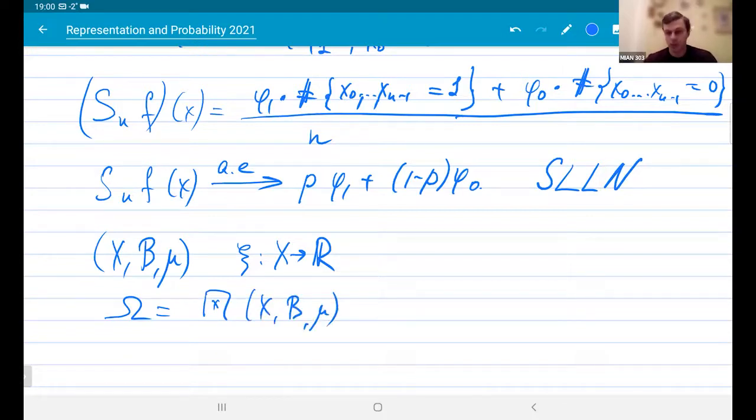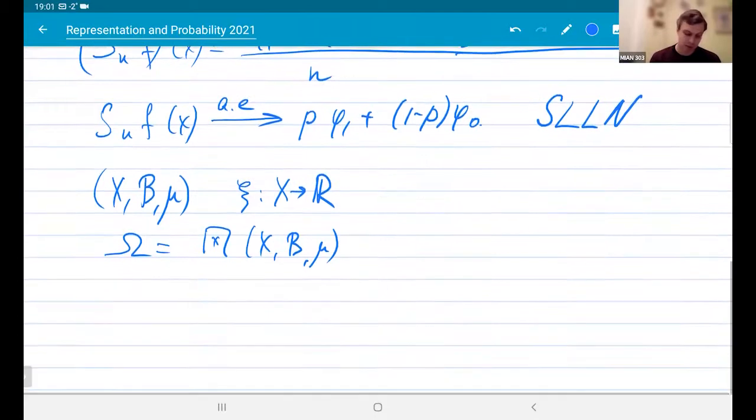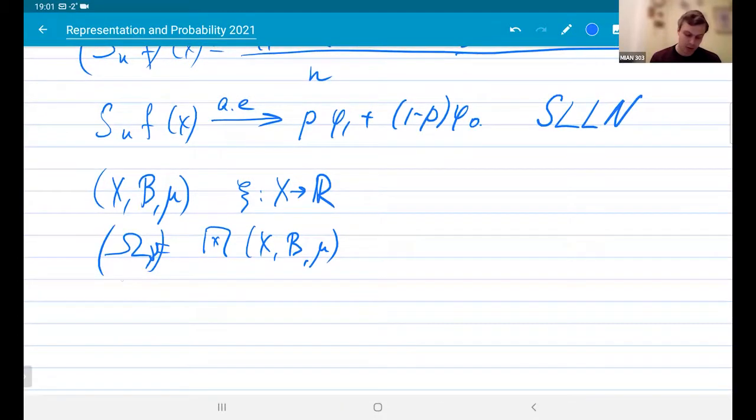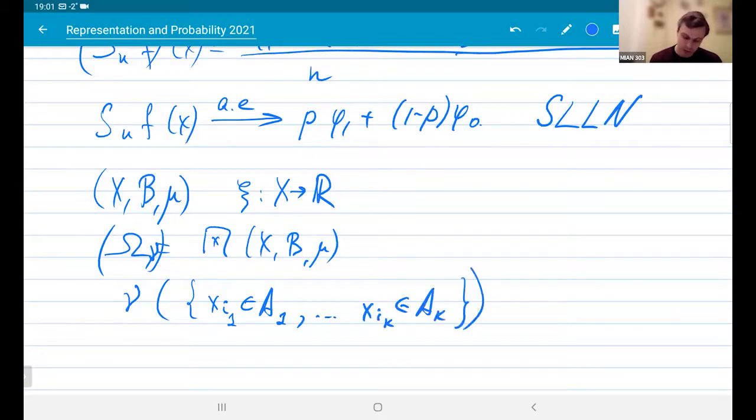It is more or less the same, but now you have a measure ν here, such that on the set of all sequences such that ξ1 belongs to some A1, ..., ξk belongs to some Ak, this is μ(A1) times ... times μ(Ak).